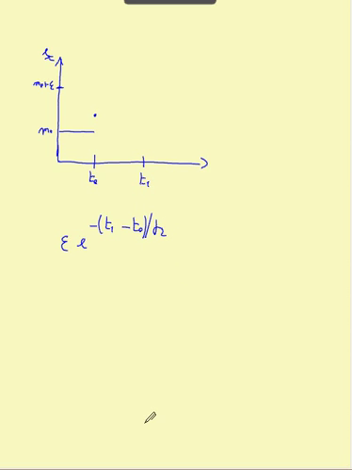So this jump depends on the distance between t1 and t0, between the time of announcement and the time of actual increase in nominal money stock. Anyway, the dynamics after t0 is an exponential dynamics in t, and you have an exponential depreciation this way, okay, until t1.